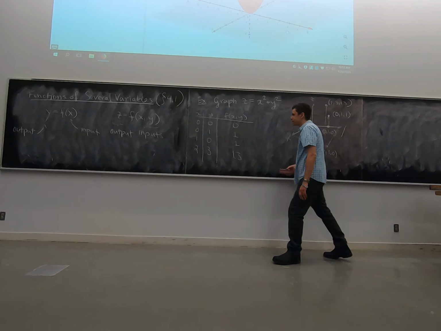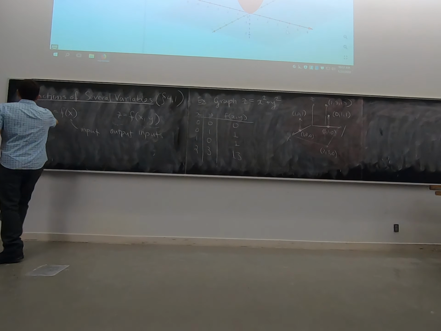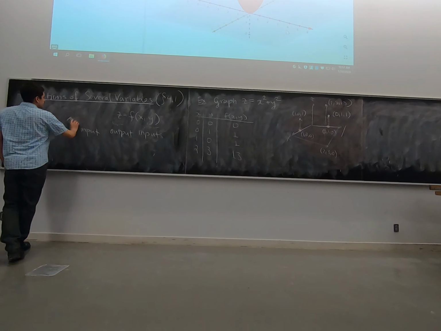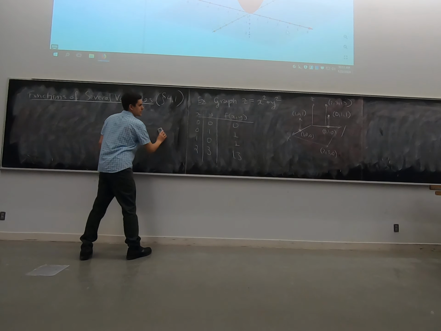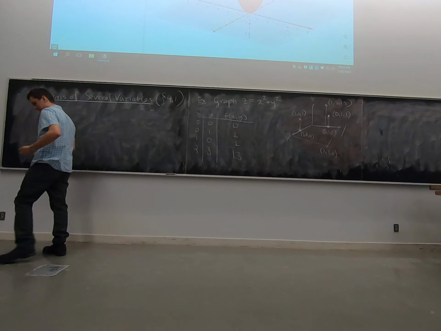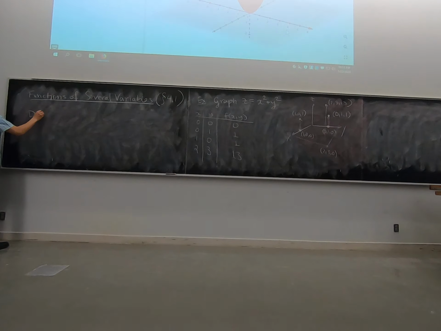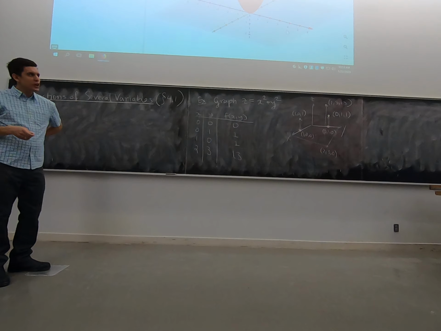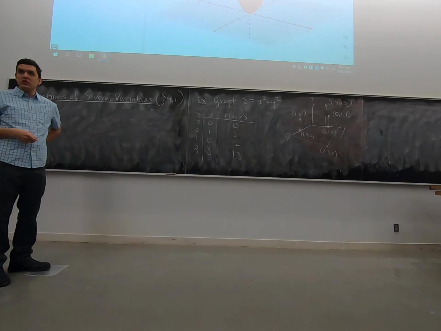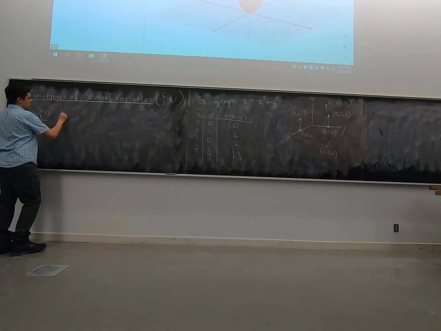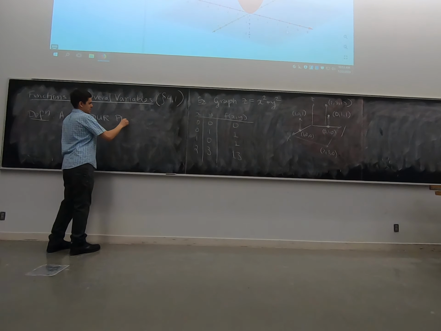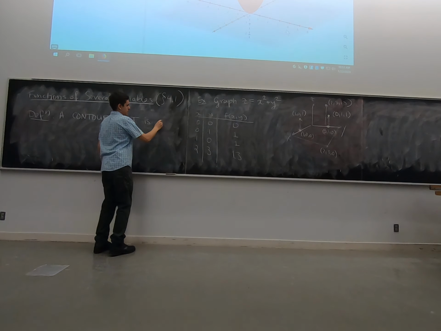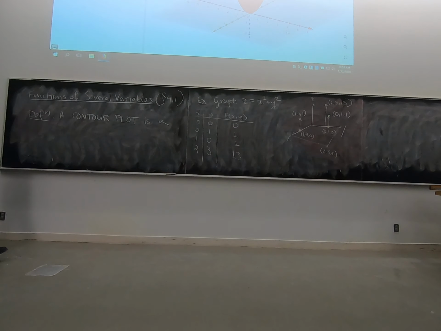Okay? So this is a new notion of graphing, another way of understanding 3D shapes. Okay, something called a contour plot.